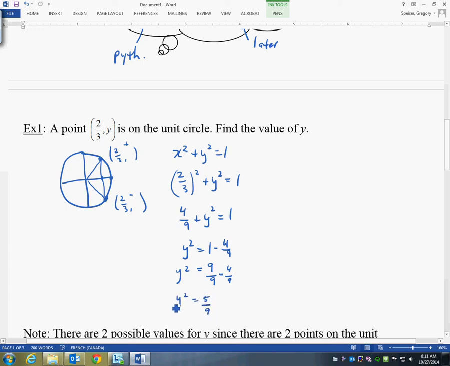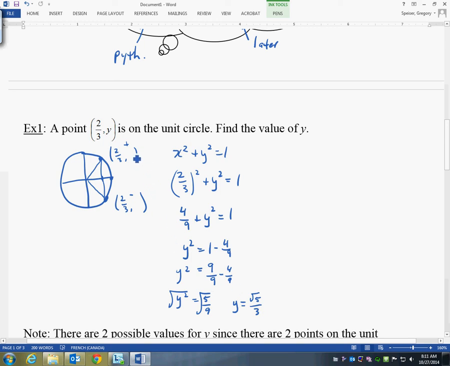And we'll square root both sides so I find out what y is. When I square root a fraction, it's the same thing as the square root of the numerator divided by the square root of the denominator. Now, when I'm doing this square root here, I can get both positive or negative values. Most of the time we say in math, the principal square root is positive.